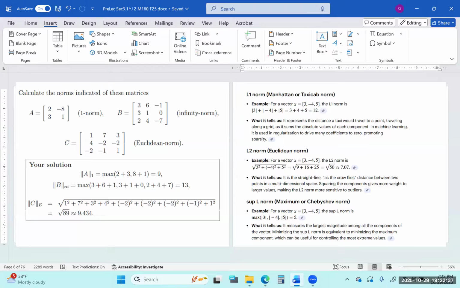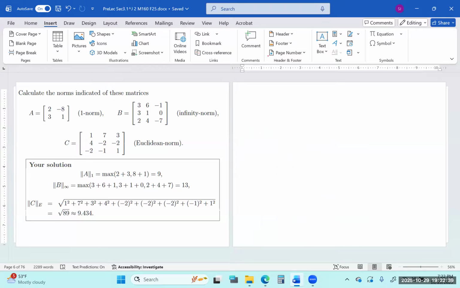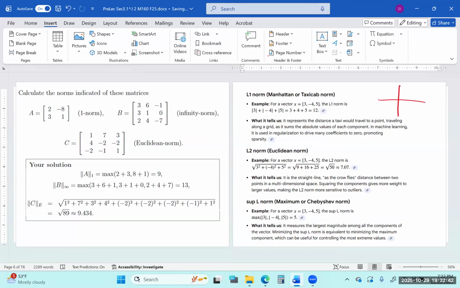So 3, let's try plotting. We have 1, 2, 3, and then 1, 2, 3, 4, and 1, 2, 3, 4, 5. So 1 here, 1 here, 1 here. So if you have 3 points, it says traveling along a grid as it sums the absolute value of each component. So basically, you are taking 1 point to the origin, from origin to this point, and then from here to here.